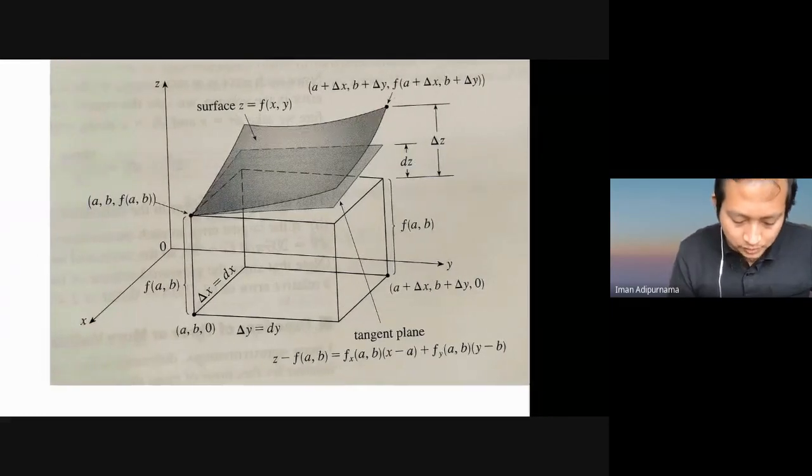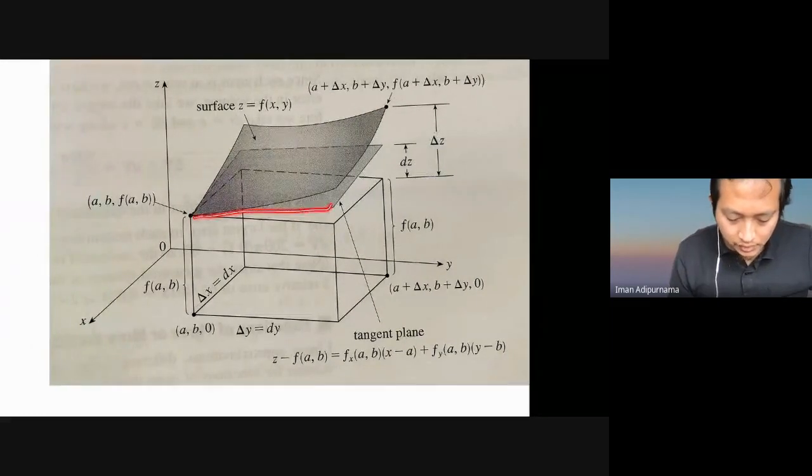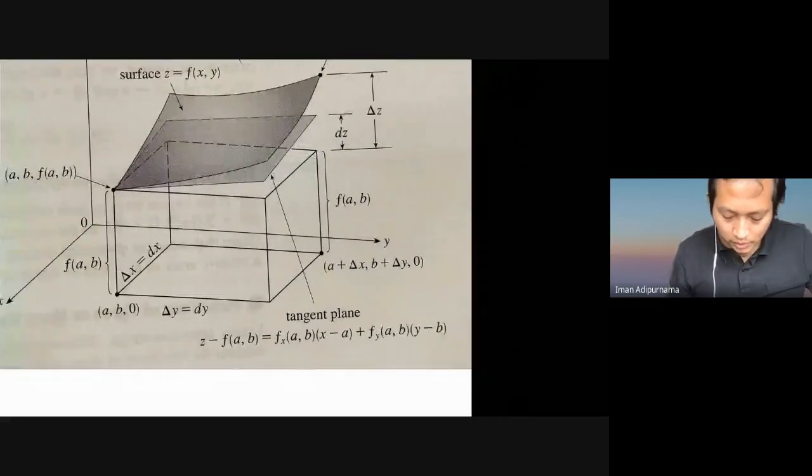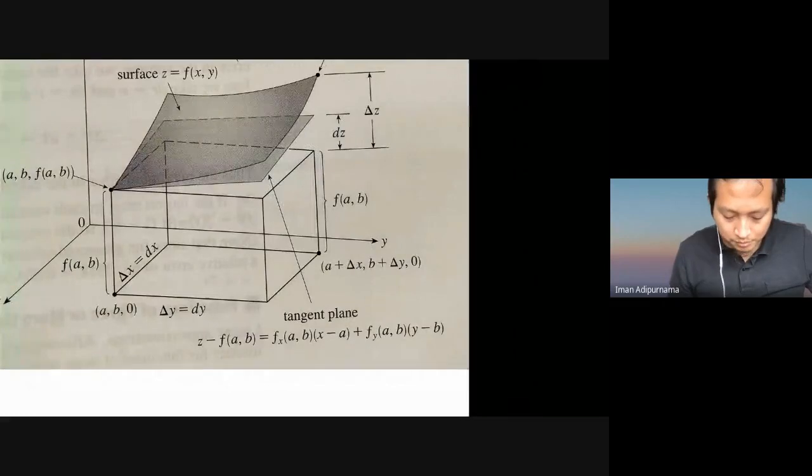And at this point, we have the tangent plane. This is what we learned previously, right? This is z minus z0, and this is x0; if you want, write it down in terms of x0 and y0.